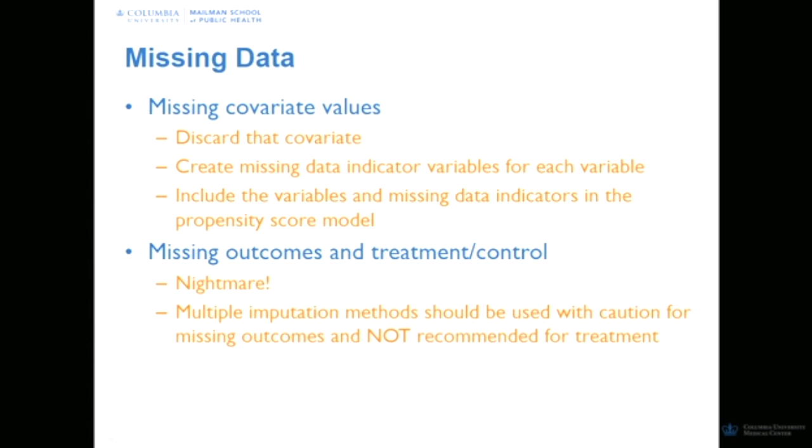If the missing values are in the outcomes or in the treated and control, whatever that is, then this is a nightmare. First, the literature does not recommend doing any imputation. And if you think about it, it's very difficult.